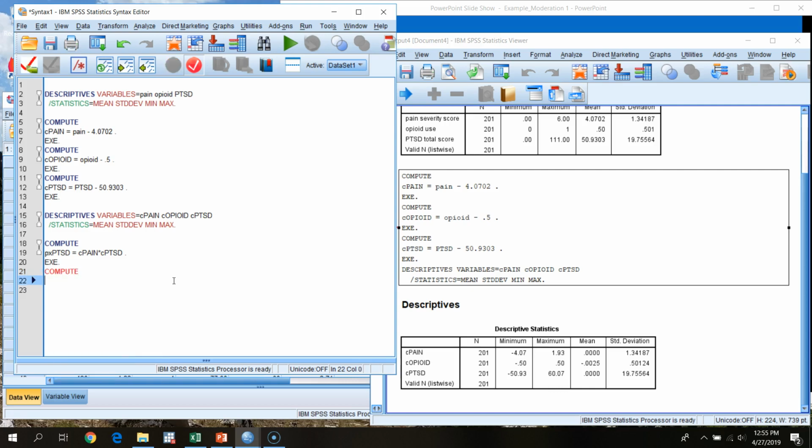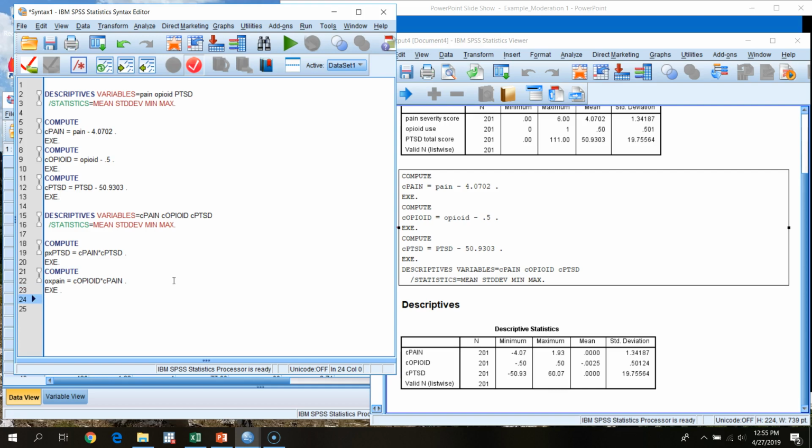Compute. This time I'm going to look at opiate use times pain, set that equal to C opioid times C pain.